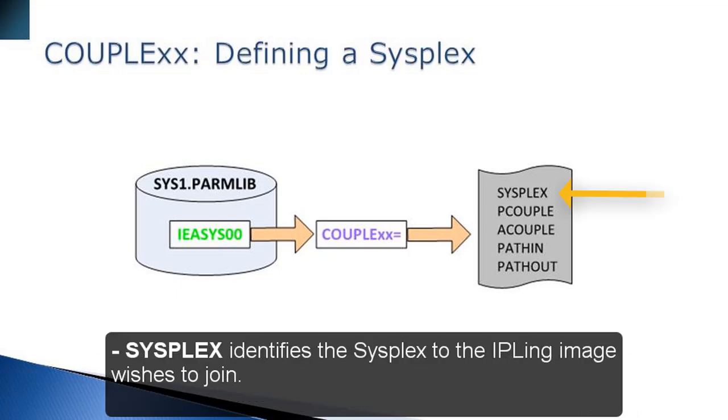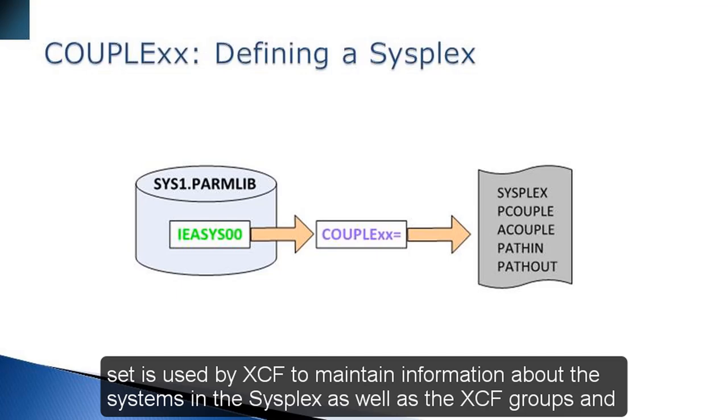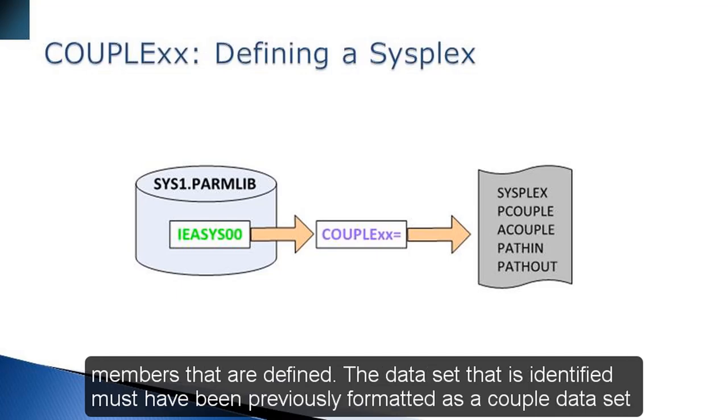SYSPLEX identifies the Sysplex that the IPLing image wishes to join. PCOUPLE identifies the Sysplex couple dataset that is to be used as the primary dataset. The Sysplex couple dataset is used by XCF to maintain information about the systems in the Sysplex as well as the XCF groups and members that are defined.